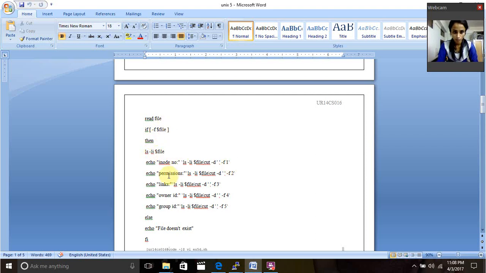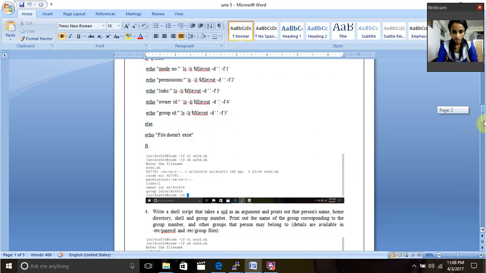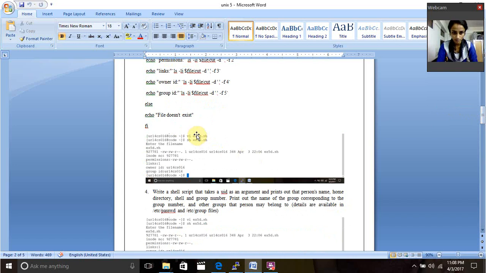So the inode number I'm going to print, then the permissions, the links, and all. So here is the output. The file for which all these commands have to be executed is ex5d.sh. See, my read and write permissions are given, my file username, the inode number, the permissions, the links, the owner ID and the group ID.